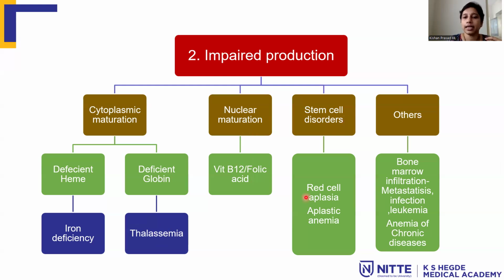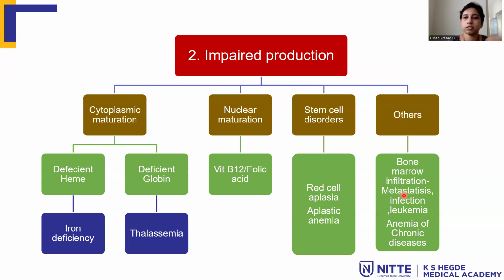Stem cell disorder, either it can be the stem cell in the beginning, that is called as aplastic anemia, or stem cell which is particular for red cell synthesis. So that is called as red cell aplasia. So other disorders are mainly affecting the bone marrow. Either it can be infection in the bone marrow, like a chronic TB, or any infection or parasitic infection affecting the bone marrow, or it can be metastasis.